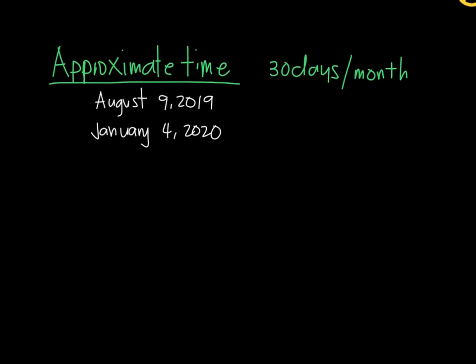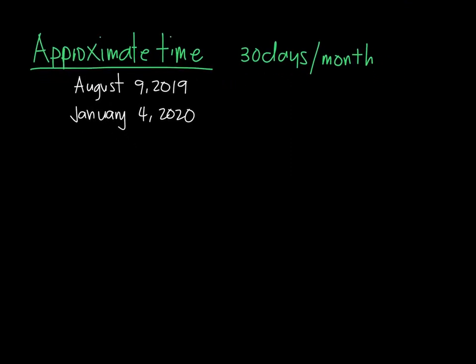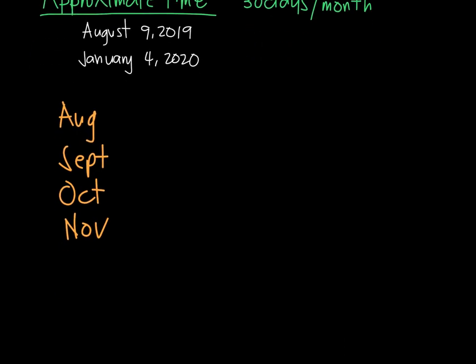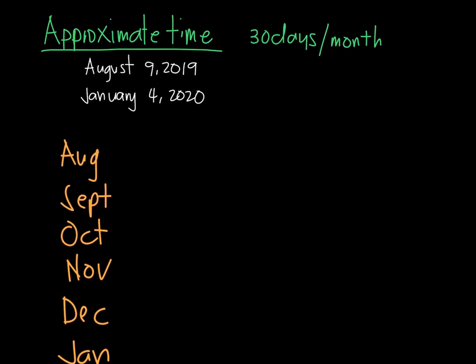So when we count from August 9, 2019 to January 4, 2020, we have August, September, October, November, December, and January.